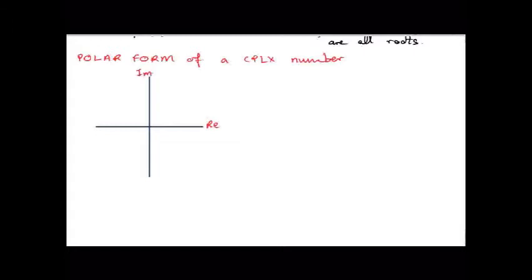Okay? And then let's imagine that I pick just some random complex number. Okay? So I'm not confusing you, I'm going to pick a random complex number in the first quadrant. But the fact that it's in the first quadrant doesn't really matter a whole lot. Is that okay? So this is our complex number z, which we'll just say is a plus bi, or a plus ib, whatever way you want to write it. Okay?